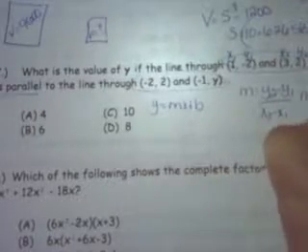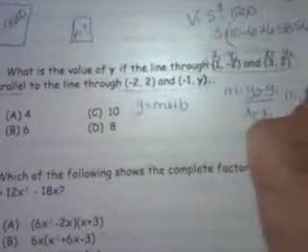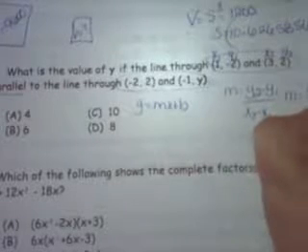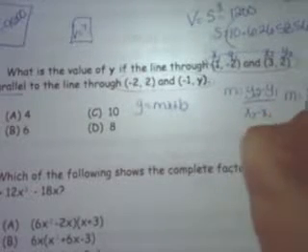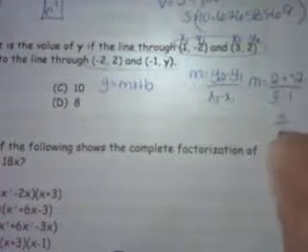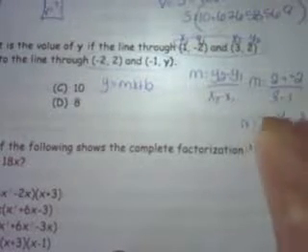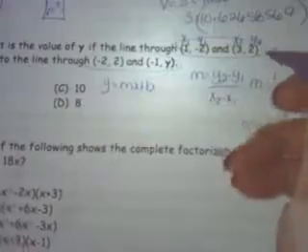So slope is going to equal 2 minus -2 divided by 3 minus 1. This is going to become a plus. So 2 plus 2 is 4, 3 minus 1 is 2, and 4 divided by 2 is 2. So I know my slope is 2.